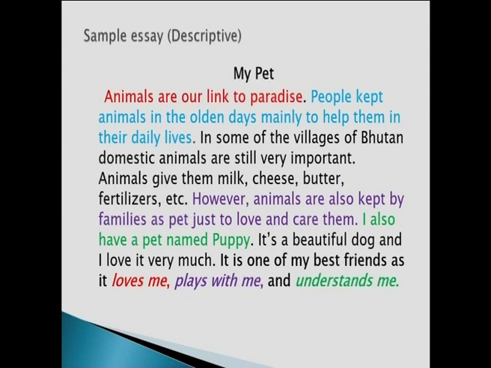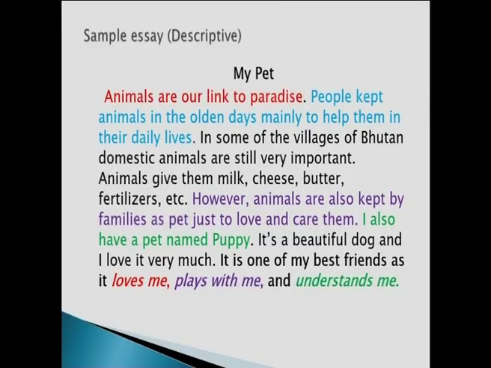So from there, the readers will get to know that this essay is going to talk about the author's pet, only about the author's pet, and not the neighbor's pet or somebody else's pet. That's the understanding we arrive at. It's a beautiful dog. So the author is talking about Puppy here. It's a beautiful dog, and I love it very much.